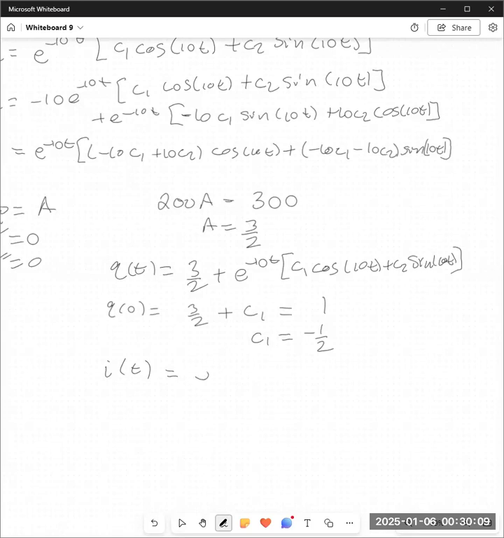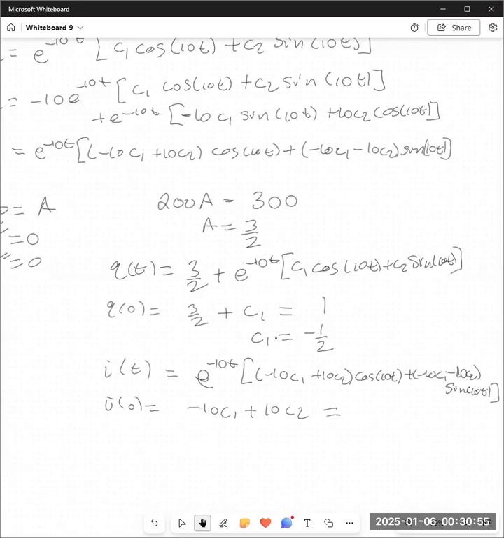So it's going to be e to the negative 10t times (negative 10 C1 plus 10 C2) cosine of 10t plus (negative 10 C1 minus 10 C2) sine of 10t, and I of 0 is going to be negative 10 C1 plus 10 C2, and that needs to be equal to 0.